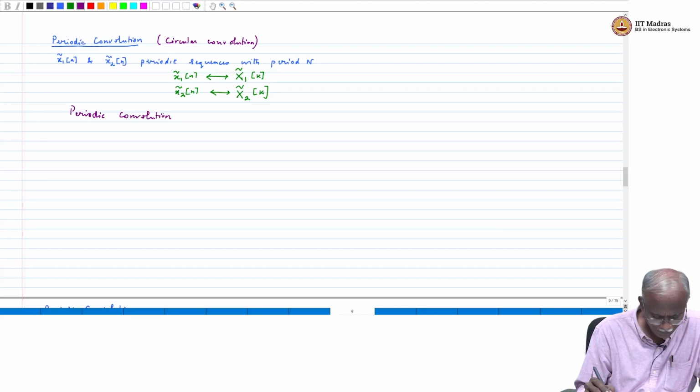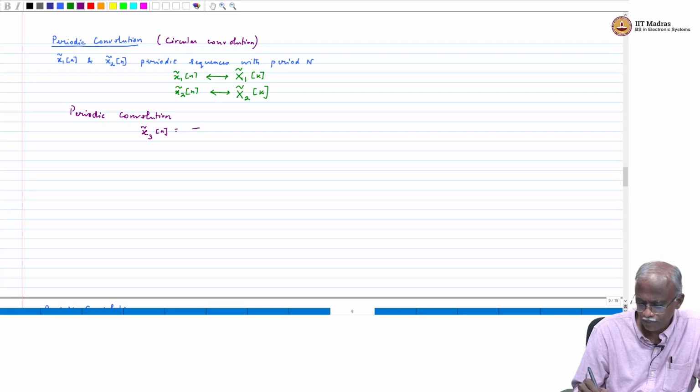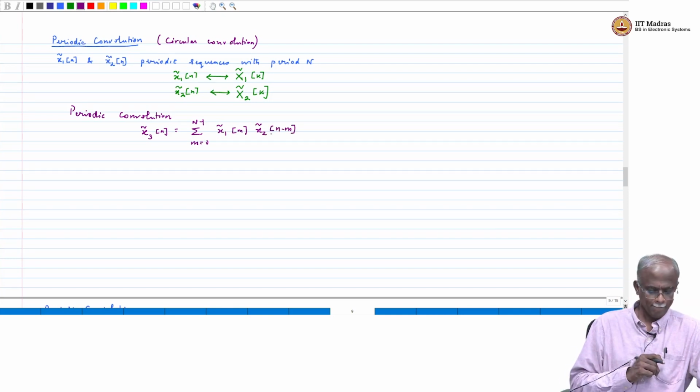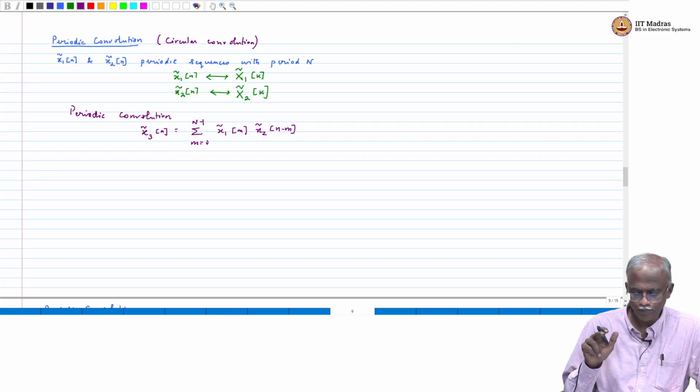So the definition of periodic convolution. We are going to define it as a third sequence x3 of n, which is summation m equal to 0 through N minus 1, x1 tilde of m, x2 tilde of n minus m. Okay, this is what is called periodic convolution.